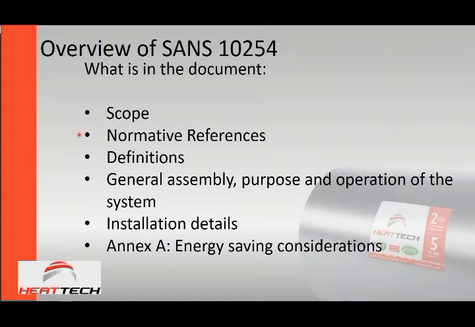The second heading in the standard is always the normative references. It's a simple list, everybody pages over that, but it's an important list of all the standards that are referred to in this document. So if you go to SANS 10254, it's always a practical idea to go to the normative references and make sure that you have a copy of all the standards referred to in there as well.